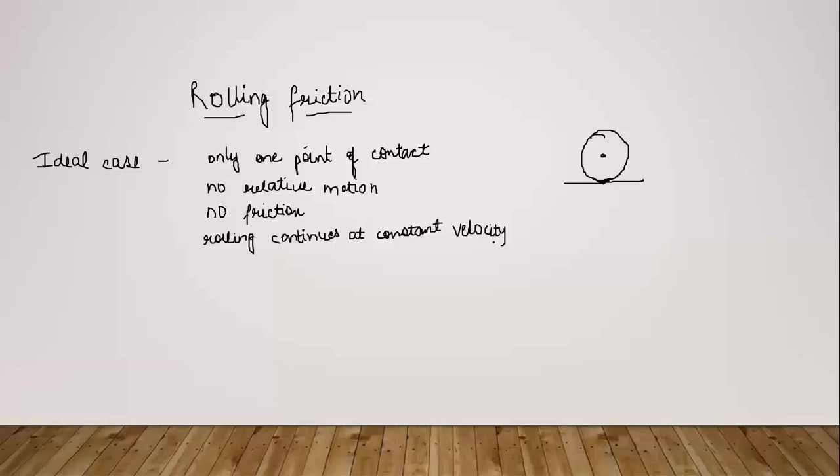So practically, we will need some kind of external force for the motion to continue. And if we remove that external force, then this wheel will stop rolling.